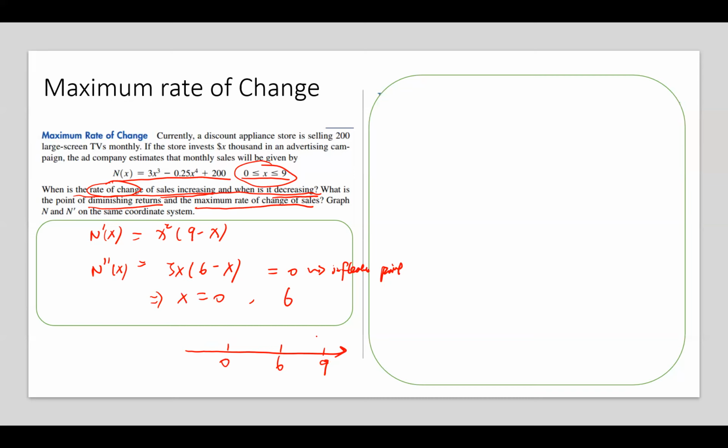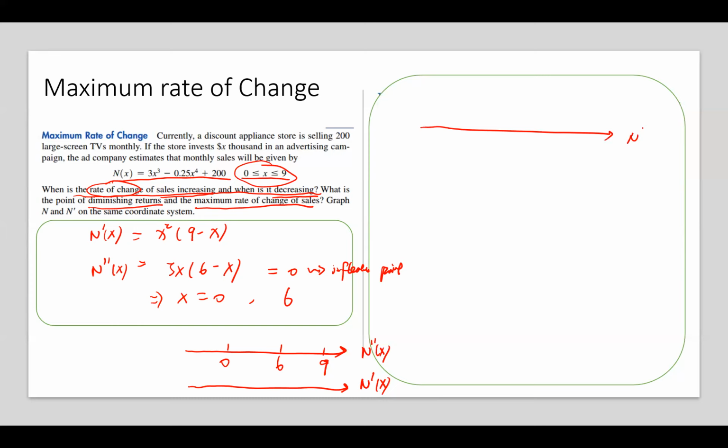So this is the graph in the space of n double prime of x, and we also want another graph. Let me draw it here on the bottom.